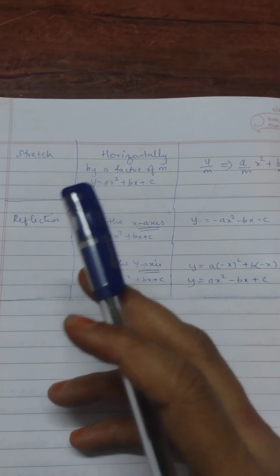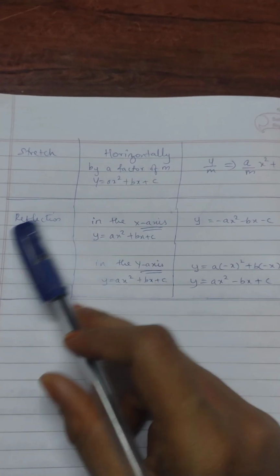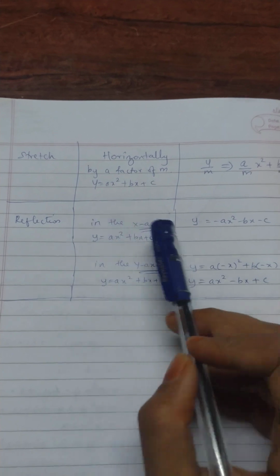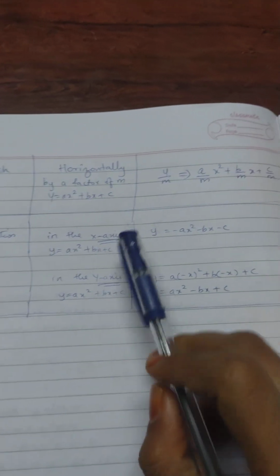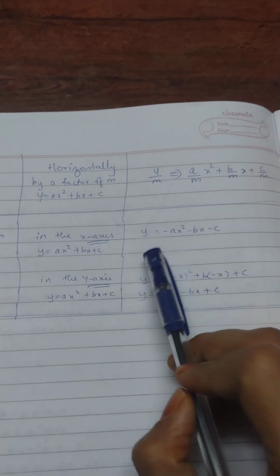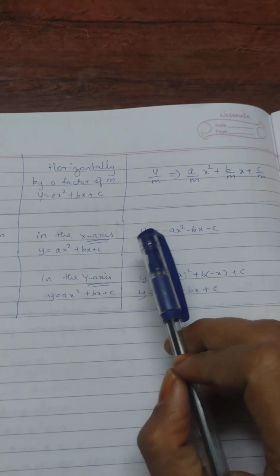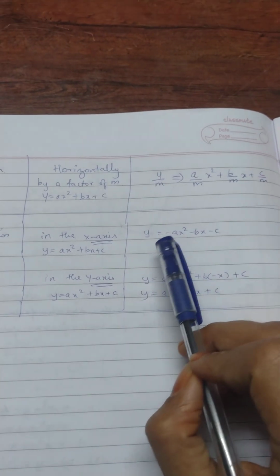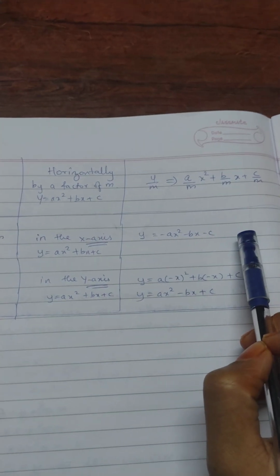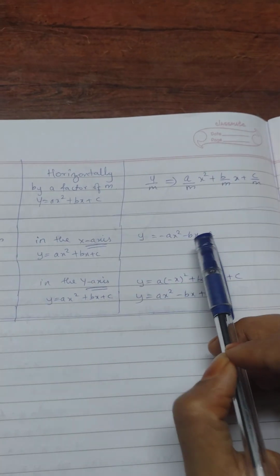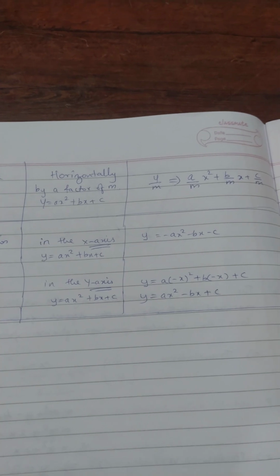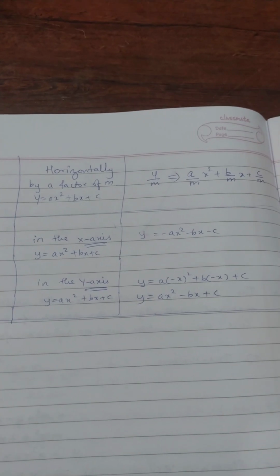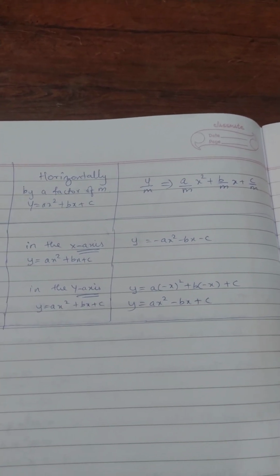And the third type of transformation that is in the scope of the syllabus is reflection. Reflection can happen in the x-axis or in the y-axis. If it happens in the x-axis, that means you are going to replace the entire expression and flip the sign of it. Imagine the reflection of this curve. Your x-axis will become the mirror.